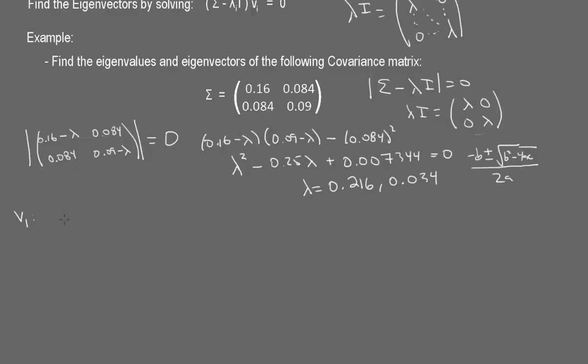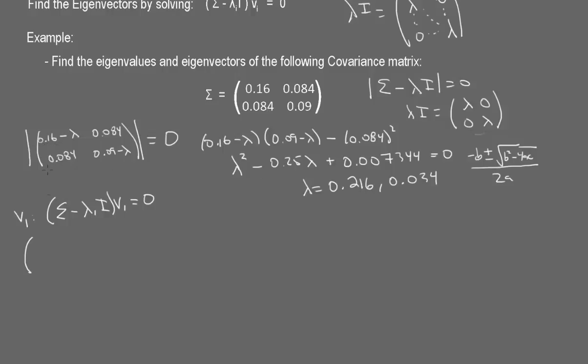So we'll solve the first eigenvector. How we solve those is we take sigma minus lambda 1 I times v1, and we equate that to 0. We know that lambda 1 is equal to 0.216, so we can substitute it into this equation.